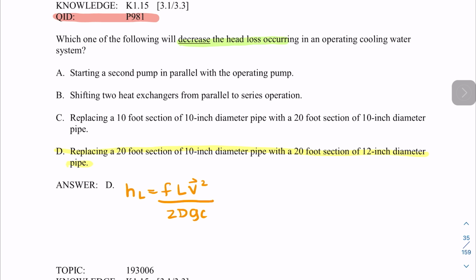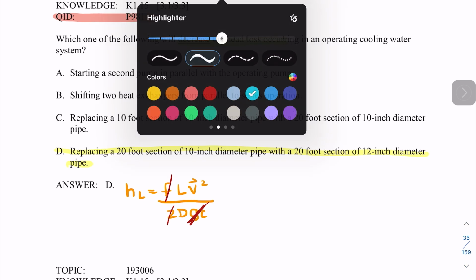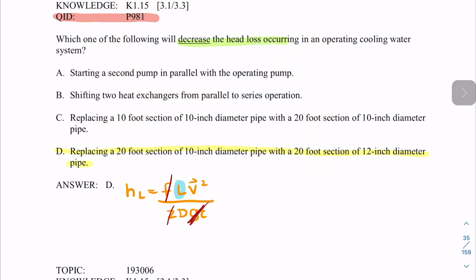How can we increase or decrease it? We need to affect some of them. The frictional coefficient and the gravity, this is a constant, are going to stay the same. So we need to affect this one or this one in order to have a change on this, right? Can you see that?